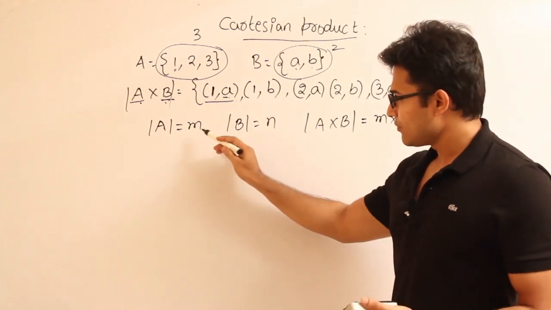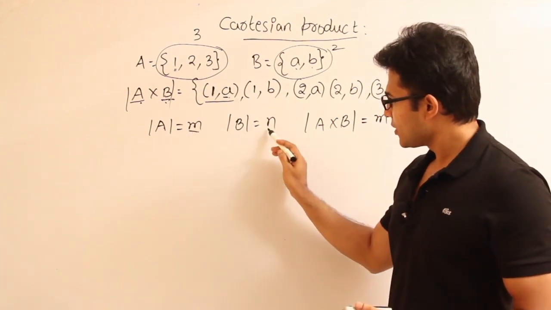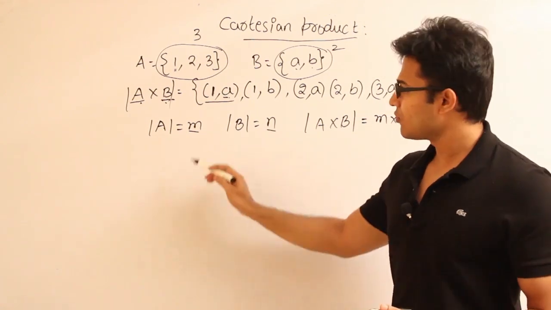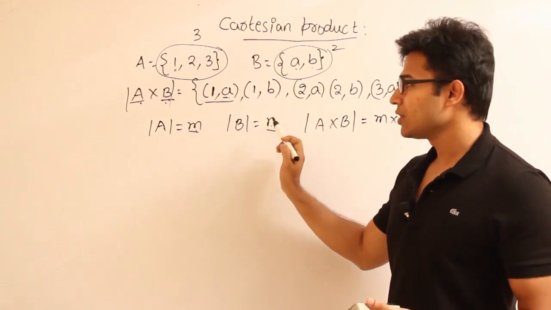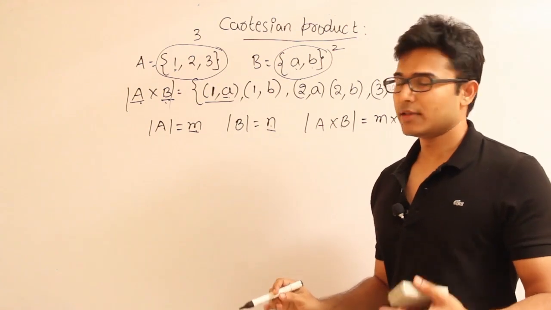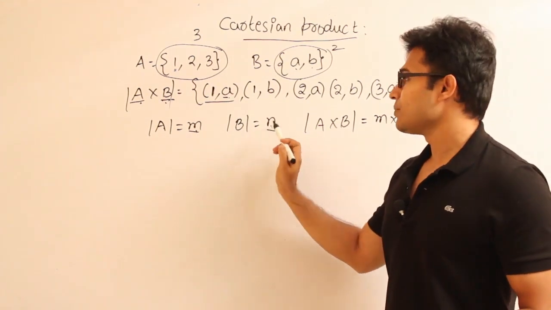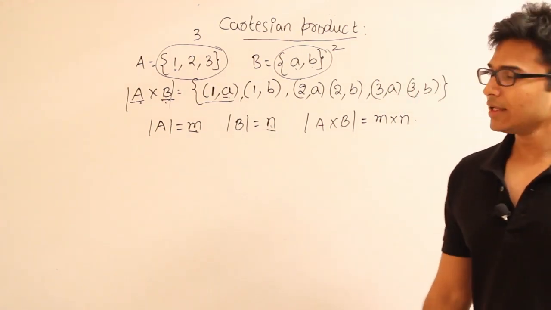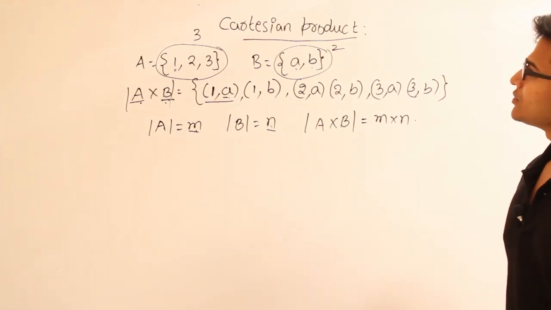Every element here is going to be paired up with N elements here. Therefore, one element gives rise to N elements in the result. That is why it is M times N elements in total. So this is called the Cartesian product.